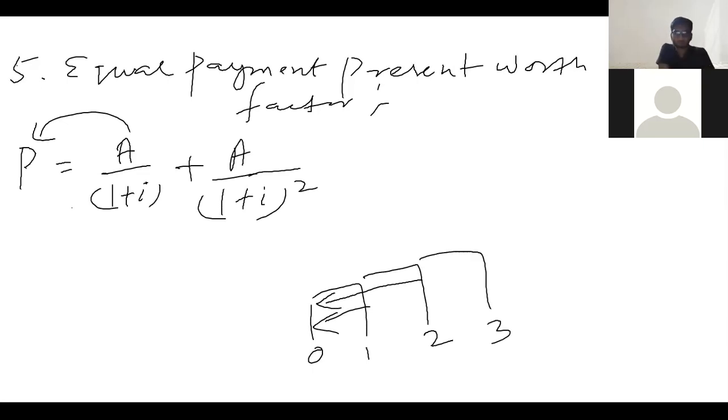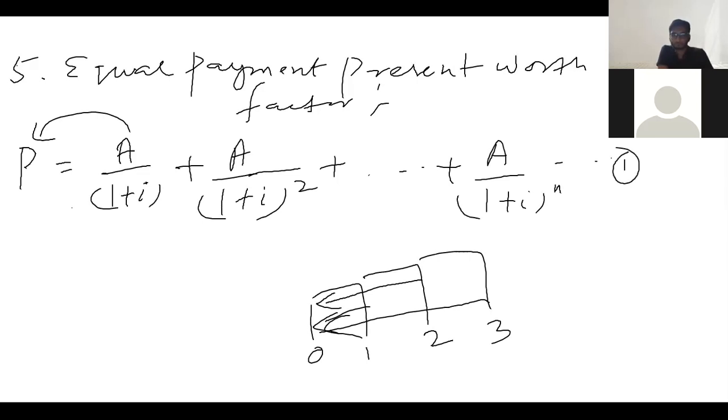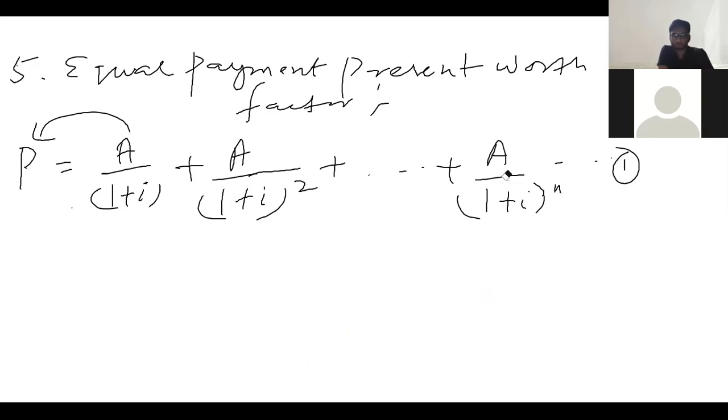Similarly, you have your third year, I'll take it to year 0. That way it goes. Last one is your nth year, taken to year 0. This is my first equation. Whatever your investment return, I have taken everything to year 0.